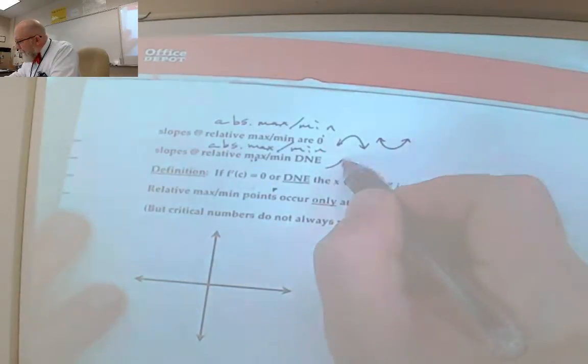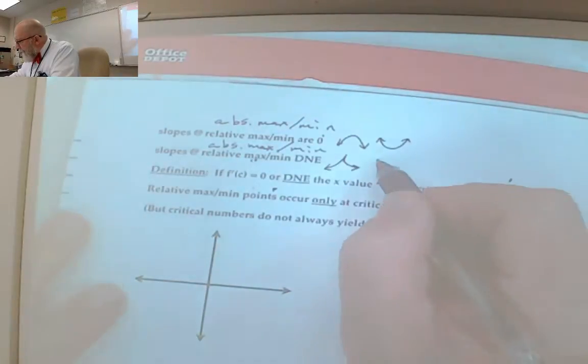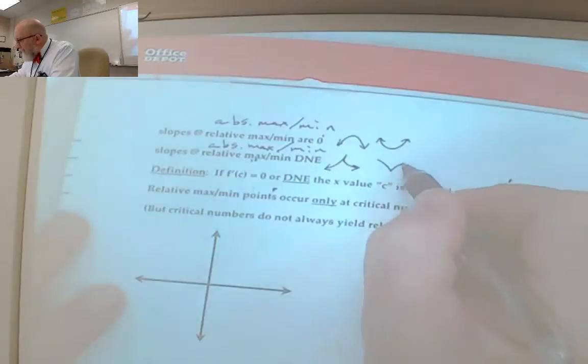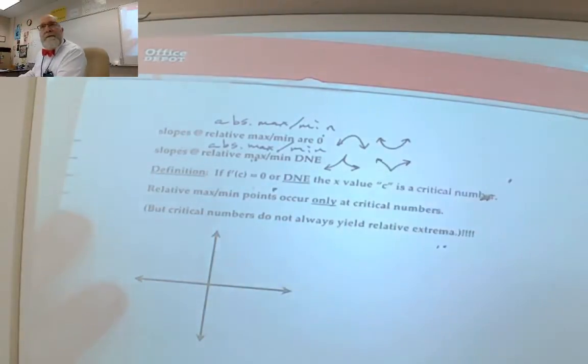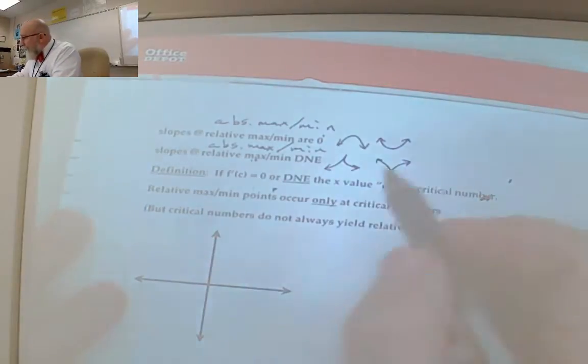This indicates that this is a max, but it's a sharp point. This indicates this is a min, but it's some type of sharp point. Here, the derivatives are negative. Here, the derivatives are positive. Excuse me. Here, the derivatives are negative. Here, the derivatives are positive.